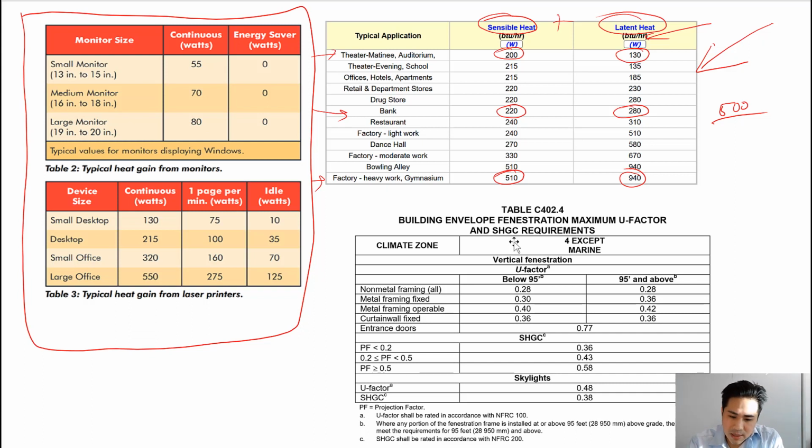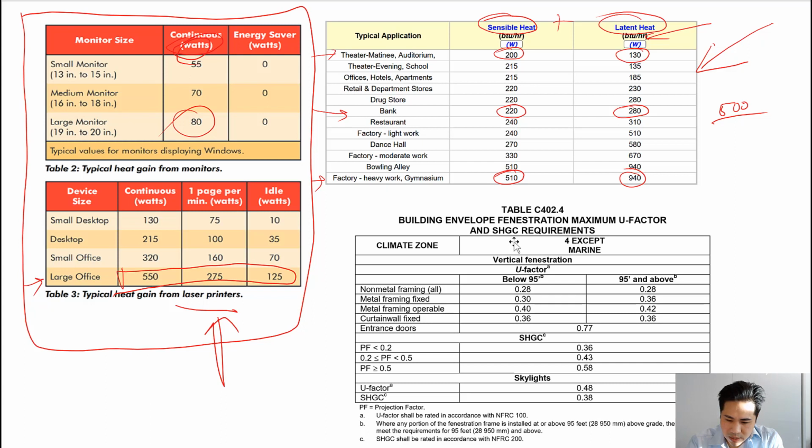So the worst case in this would be the 80 for a large monitor, and that's in units of watts. And for this computer, we'll also say that it has a laser printer. And for the printer, we're going to use the large office printer data.